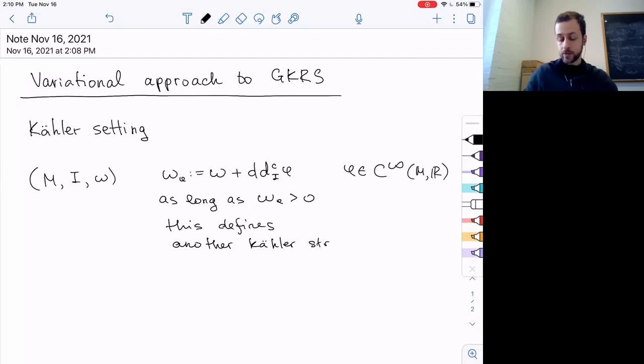Smooth real valued function. So basically, you can identify a certain set of Kähler forms with an open subset in the set of all smooth functions.